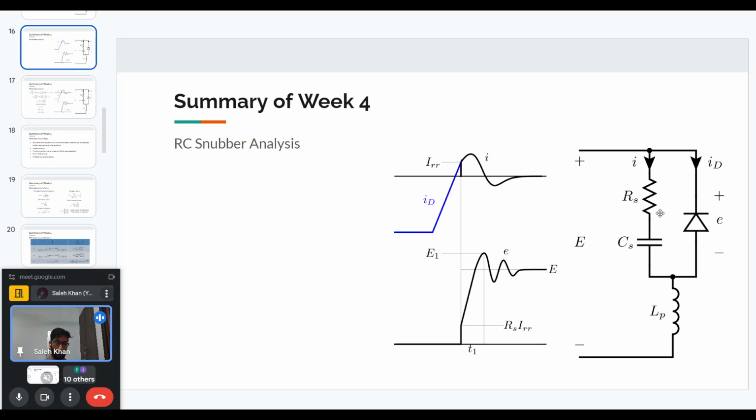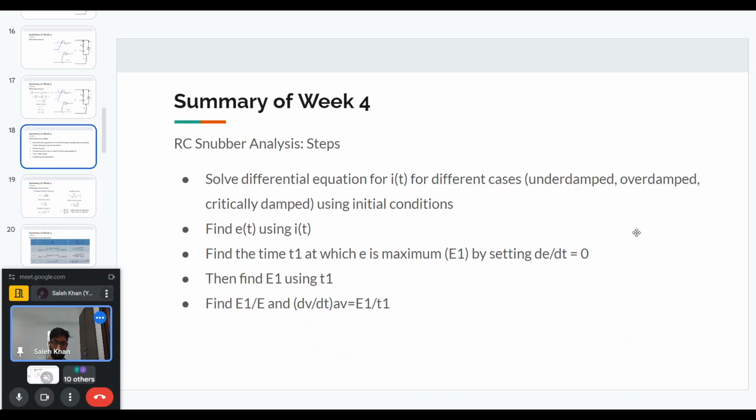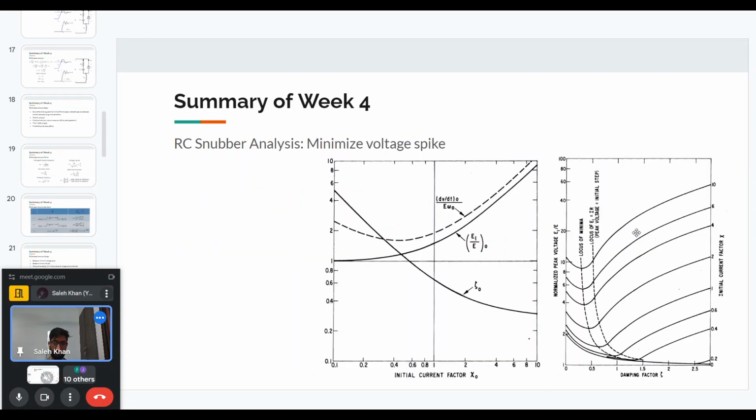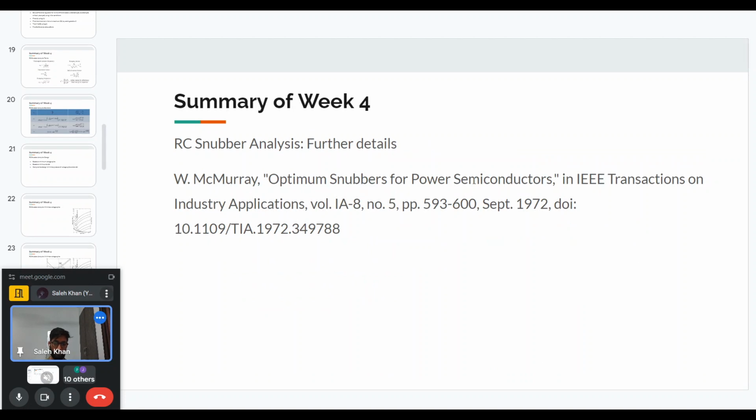Some of it will get dissipated in the snubber resistor, and some of it will get dissipated in the device as well, because when the snubber gets discharged, based on where the current flows, it will get dissipated in the resistor or the device. For snubbers, there is actually a lot of material. If you want more details of this analysis, you can use this paper. It will give the RC snubber analysis.